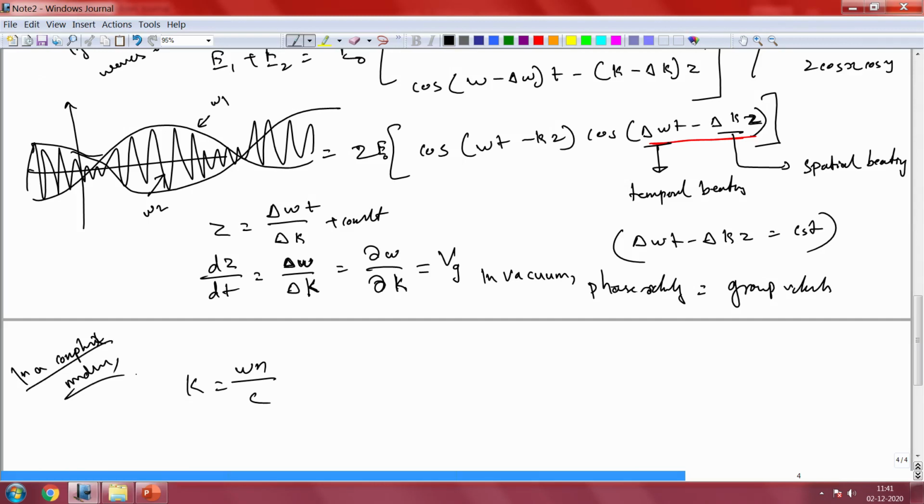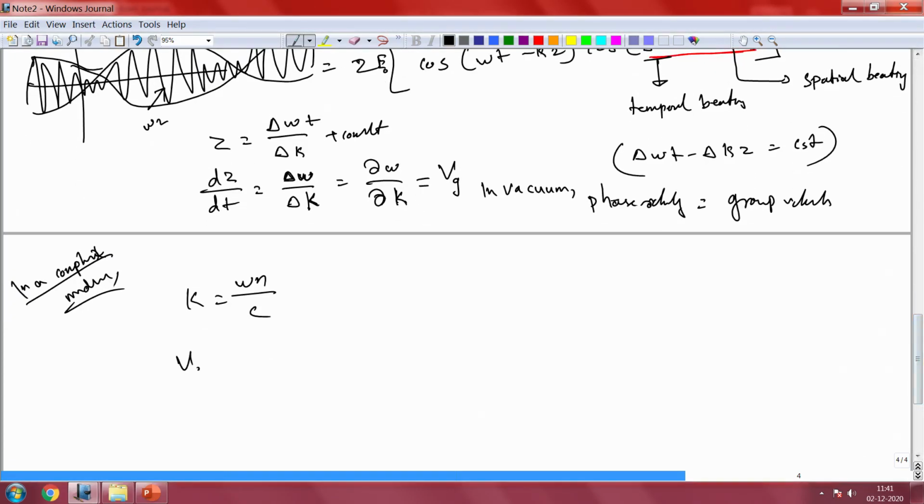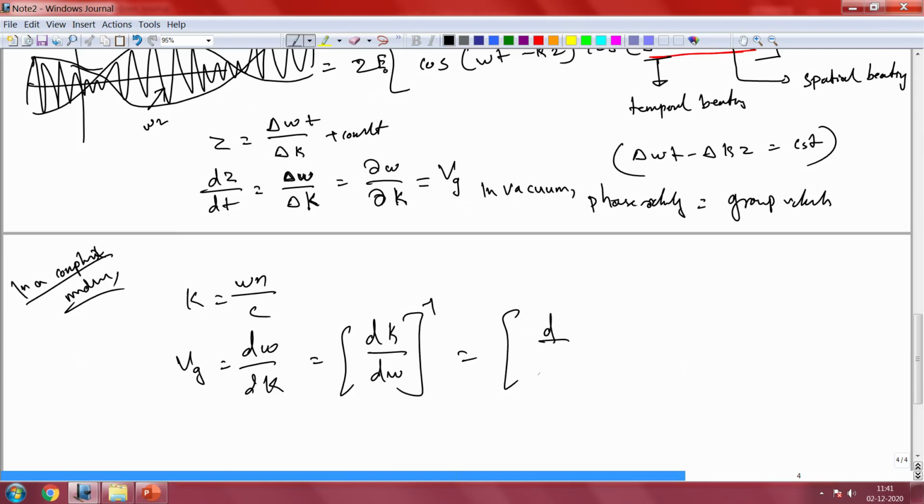We know the group velocity, d omega over dk, but we know the k, so let's invert this and use whatever we know about k, omega n over c.